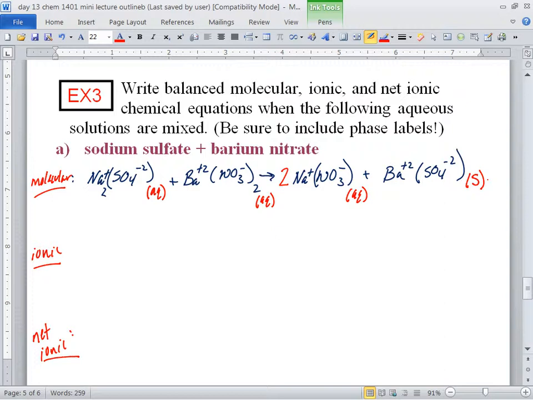So now here you have to break them up, so it'd be 2 Na and a sulfate, right? Because you have a 2 down here. So the coefficients actually come out front. Na plus, because that should be a plus.